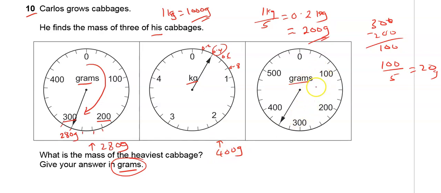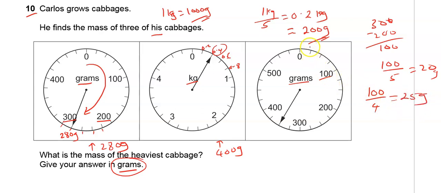And then the third cabbage scale, of course, this is 1, 2, 3, 4. So 4 divisions for 100. From 0 to 100, those are 4 divisions. So 100 divided by 4 to find the scale of one division gives us 25 grams.